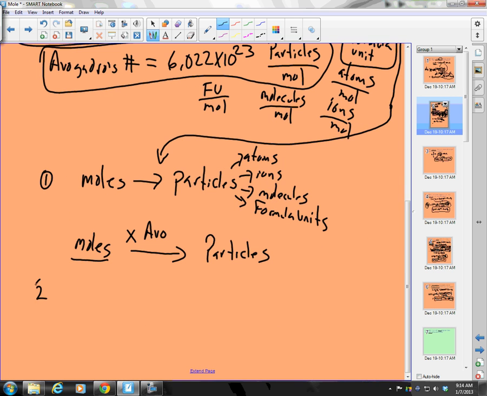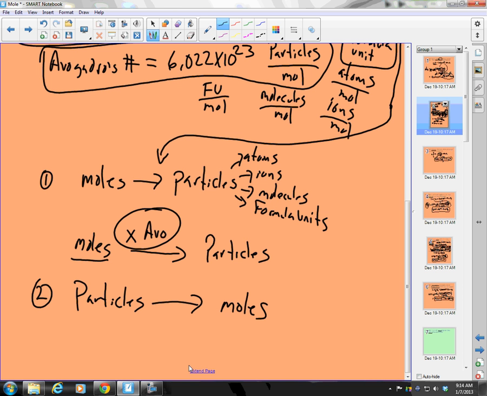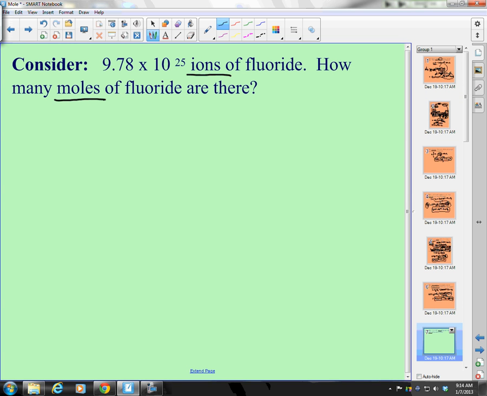So how am I going to go from particles to moles? If I go from moles to particles by multiplying by Avogadro's number, how do you suppose I go from particles to moles? I'm going to divide by Avogadro's number.